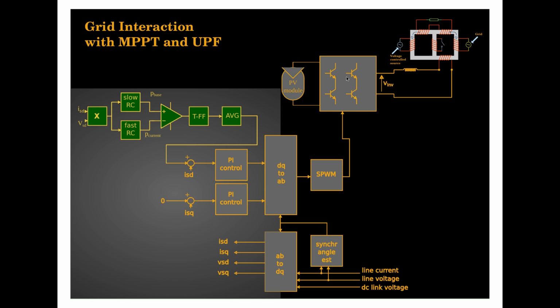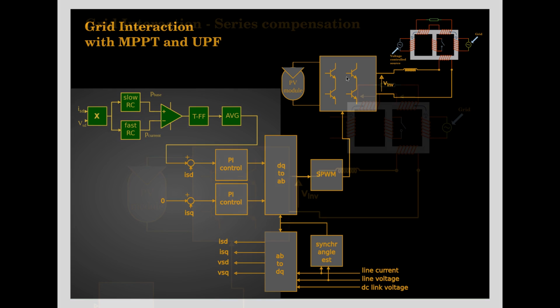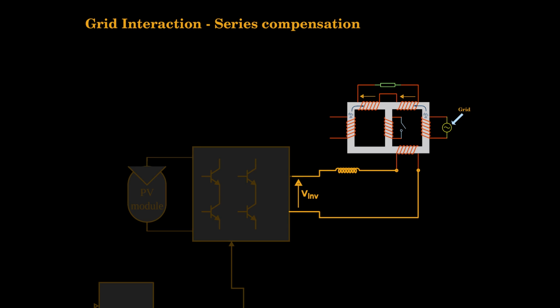This goes and powers up this inverter. So once the inverter output voltage is according to our reference, there is an inductor and then it interfaces at this point. So this will be the current injection. So current controlled injection to this winding. There is already voltage defined by the grid.